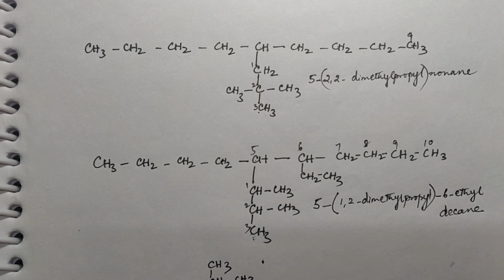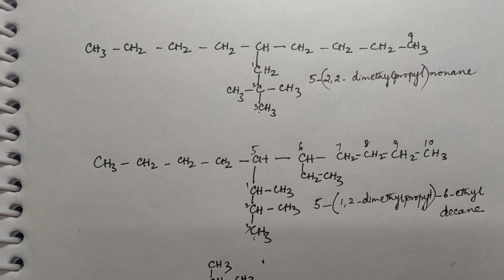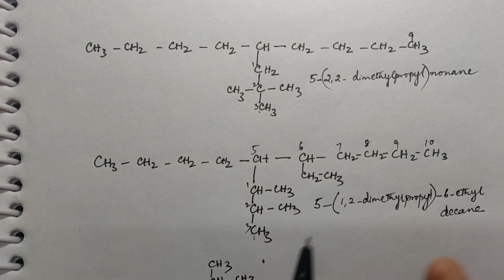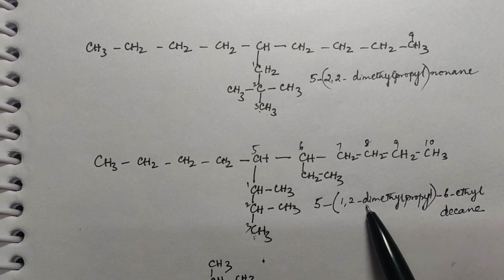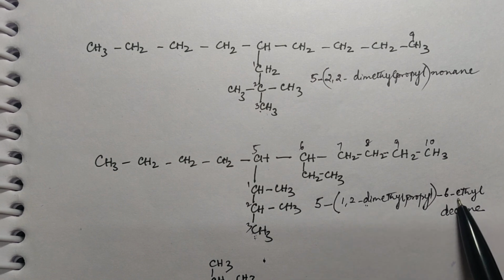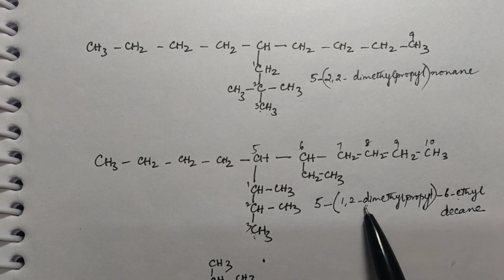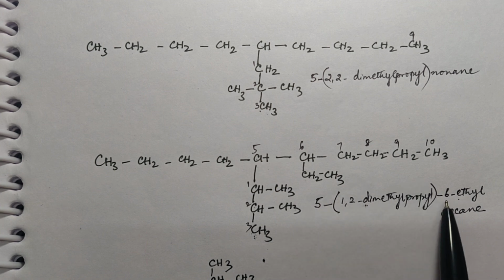Okay, so when you are deciding the alphabetical order of the various substituents, what you have to remember, the name of the complex substituent is considered to begin with the first letter of the complete name. Okay, that means first letter means D. D comes before E, is it not? That is why you are considering this complex substituent first while naming the whole compound.